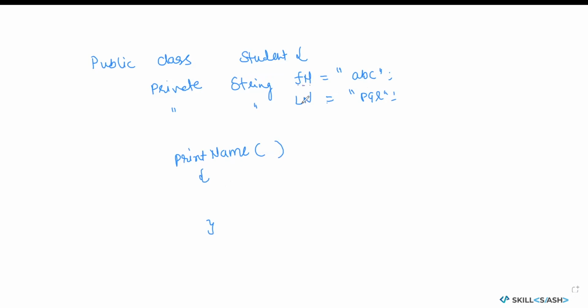Any method which is inside this class can access this first name and last name, because they are created as private.